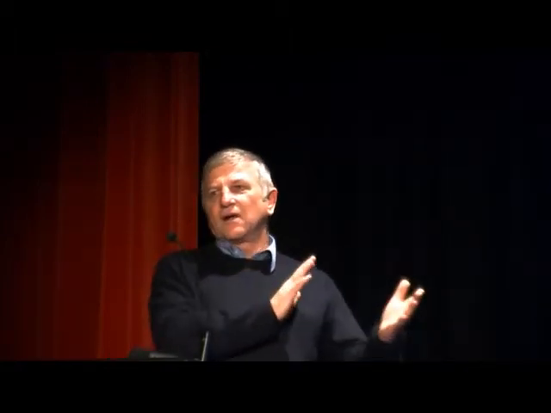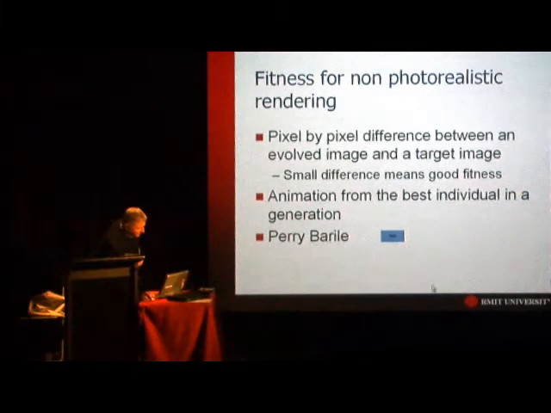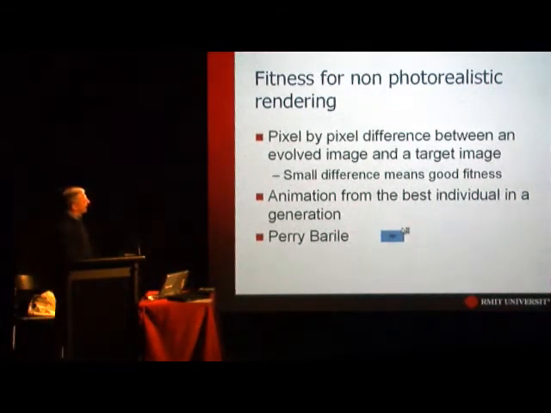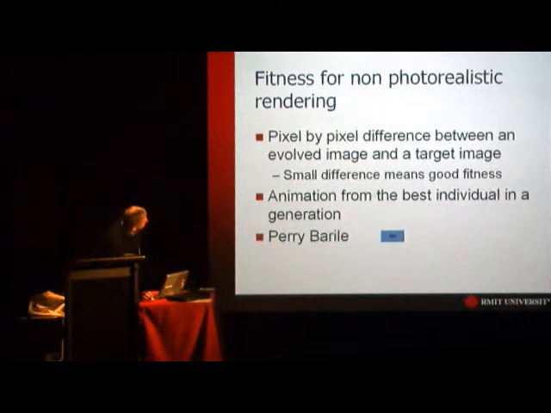So we thought, why don't we just take the best individual of each generation and run them together into a movie, into an animation, with some modifications of the fine detail of that process. That's what we've done. And a lot of our animations are done in this fashion.